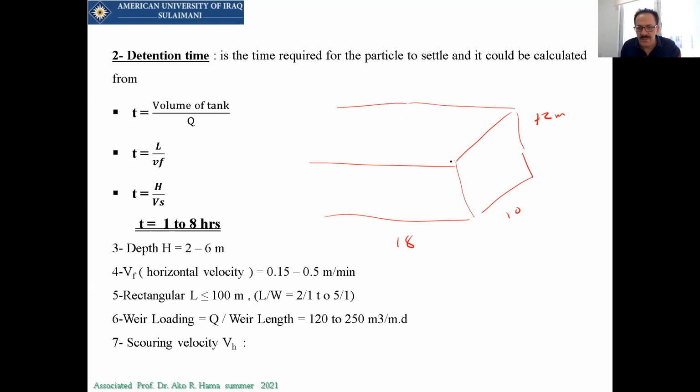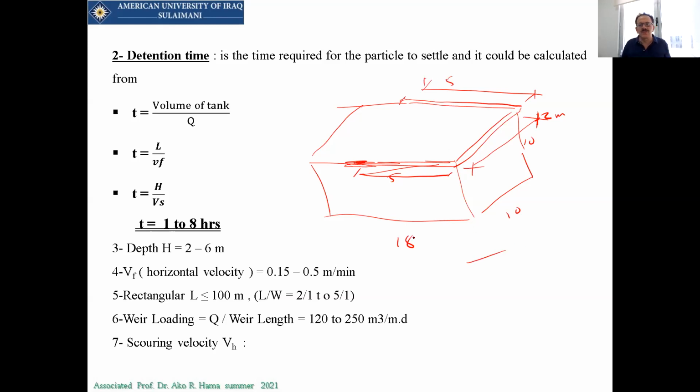And there will be a weir loading. The weir is here, this weir. It will take 5 meter from this part and 10 meter from that part and 5 meter from this part. This is called the whole design or the design detail for this.